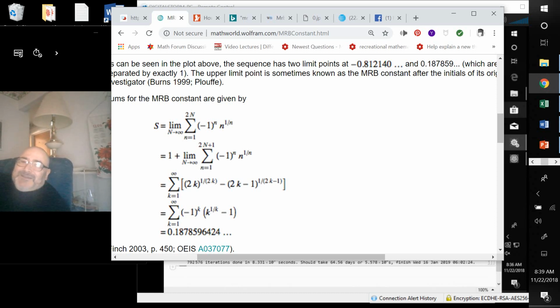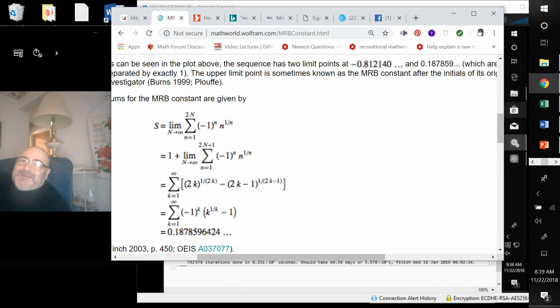But you find out that if you subtract 1 from each term, if you subtract 1 from 1, plus the square root of 2 minus 1, minus the cube root of 3 minus 1, plus the fourth root of 4 minus 1, and keep going.